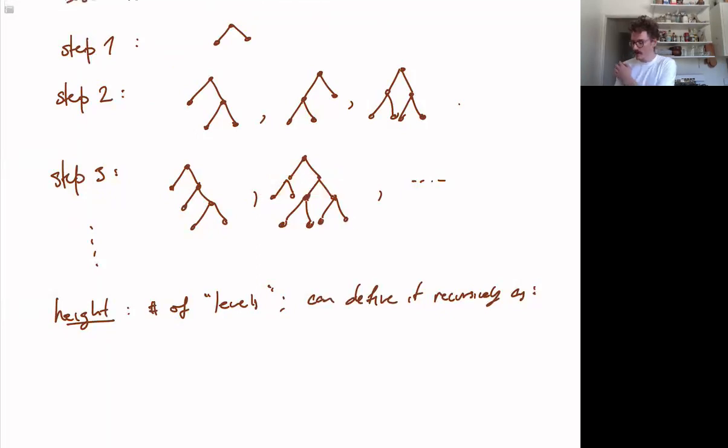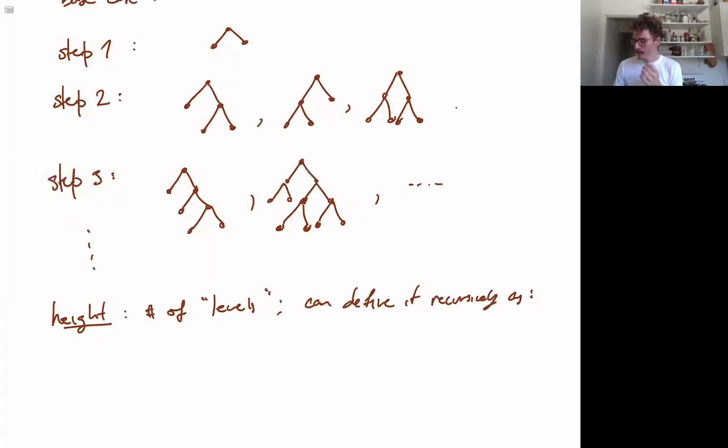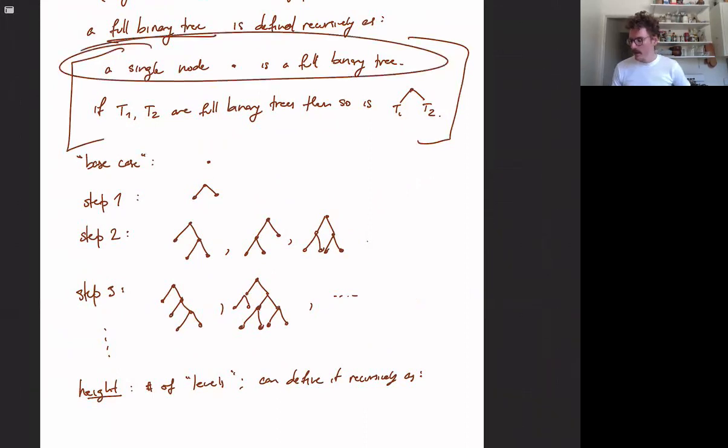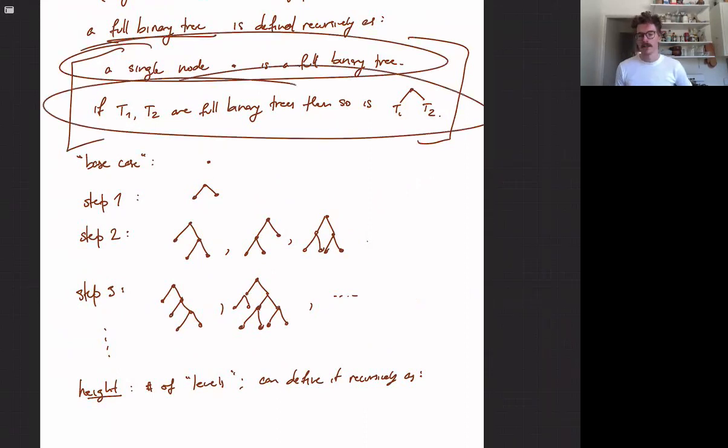So how do we define this recursively? Well, when we want to do recursive things with binary trees, we need to return to the definition, which we should always be doing. Always go to the definition. And basically, it's similar to induction, except that this is our base case, and this is our inductive step.